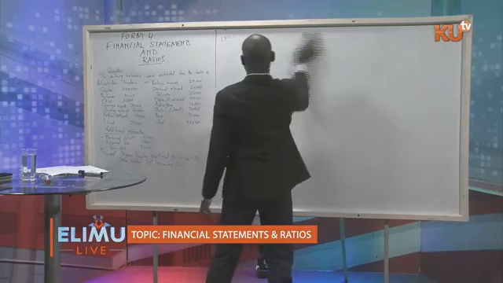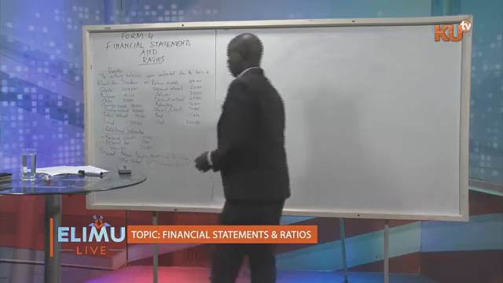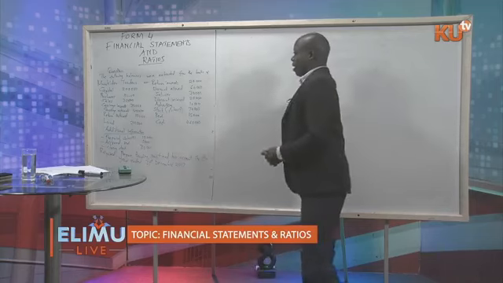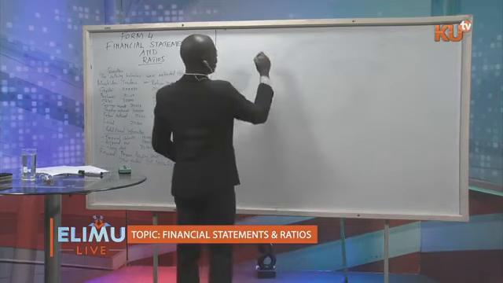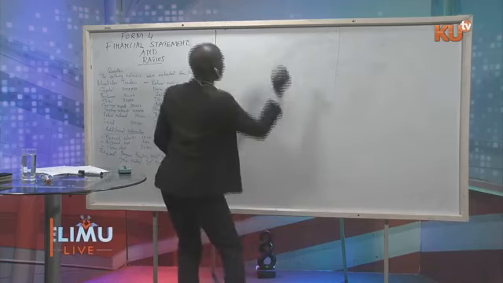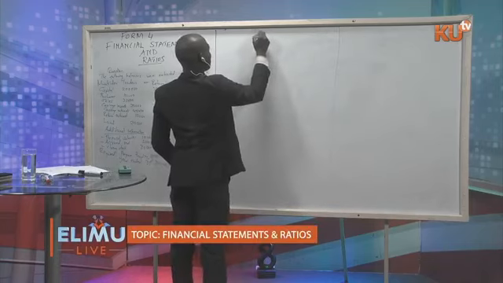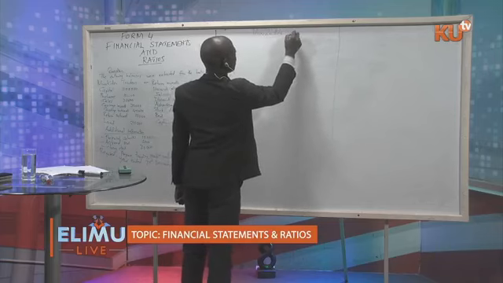So let's then handle this question and see what we need to prepare. We have Mwakideu traders, so we'll prepare our statement. Mwakideu traders, that is the name of the business.